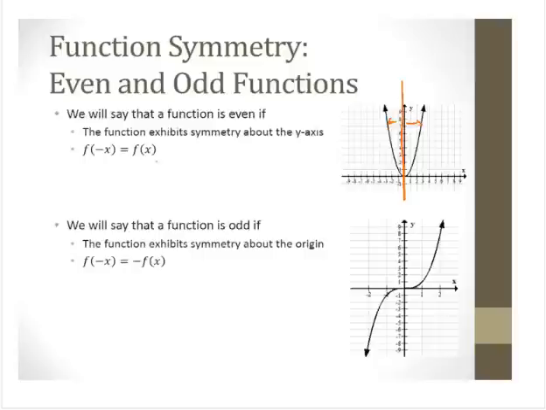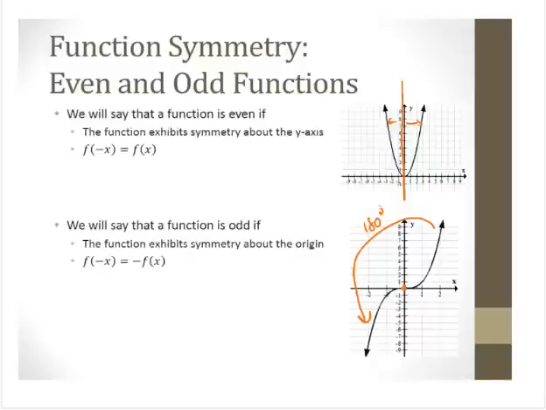We say that a function is odd if the function exhibits symmetry about the origin. So the origin is 0, 0. When we say symmetry about the origin, that means if I were to take this and flip it over 180 degrees, if I were to rotate that part of the curve 180 degrees, it would match up exactly.